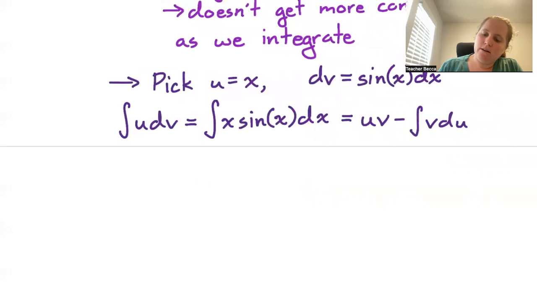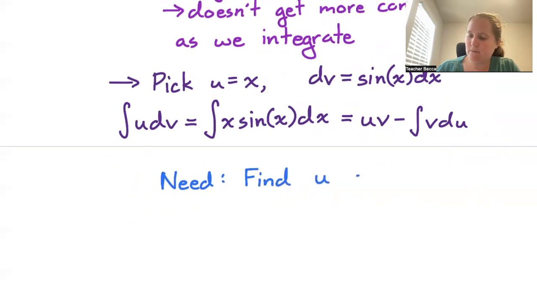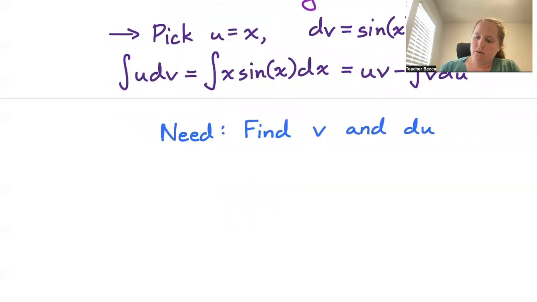So we need to find v and du. So we know that dv is sine of x dx.